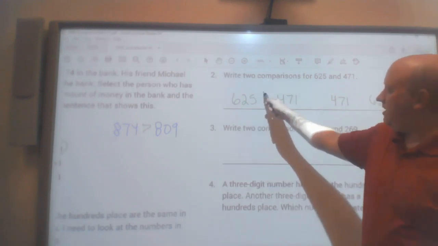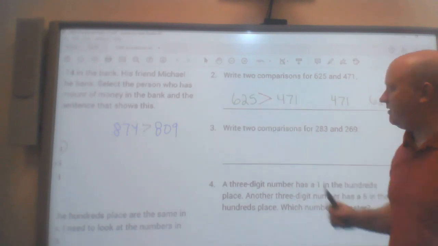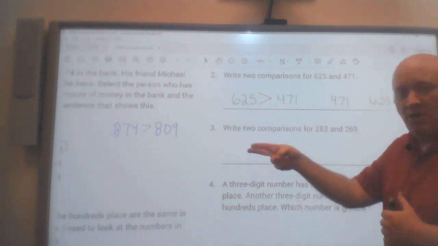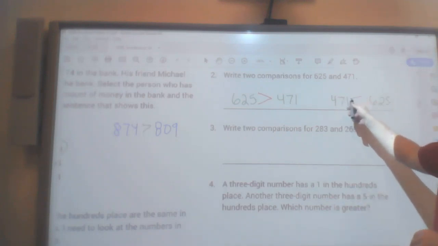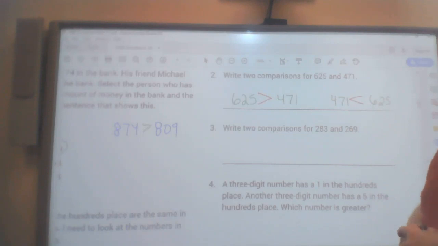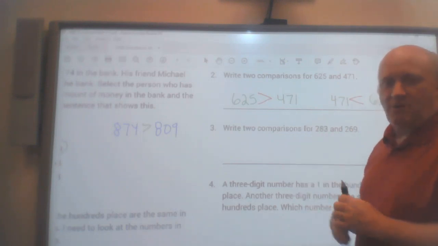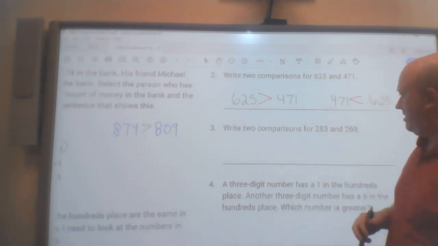Okay, 625 is greater than 471, because remember 625 is larger than 471, so the mouth always goes there. And here, 471 is less than 625. Okay, is it understandable? Making it clear? Good.